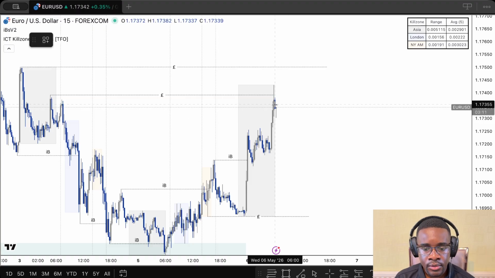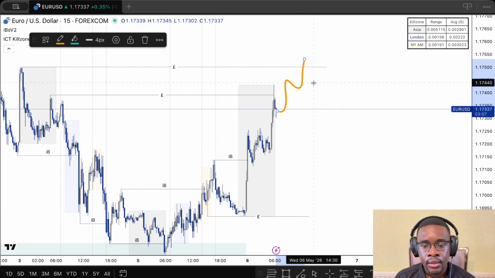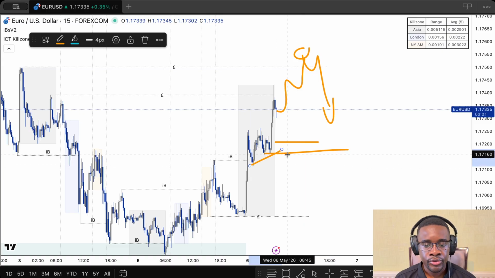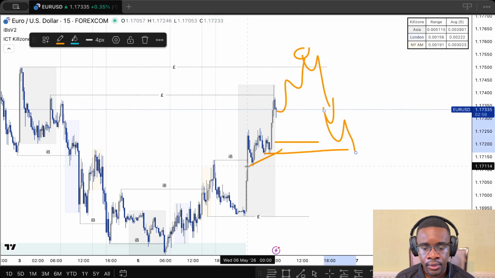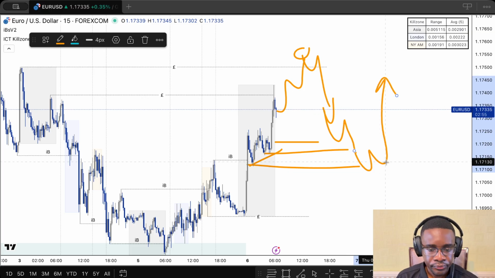So we might wait and see if during key time window price comes up, sweeps this, and then we may have a reaction to some of these areas. We do have a trend line there, so price could simply come down, sweep this area, and then continue bullishly.